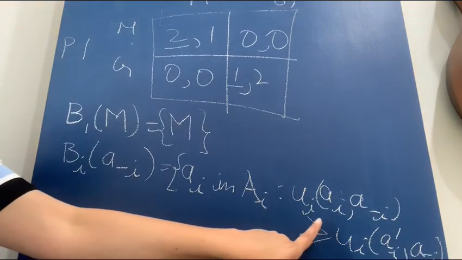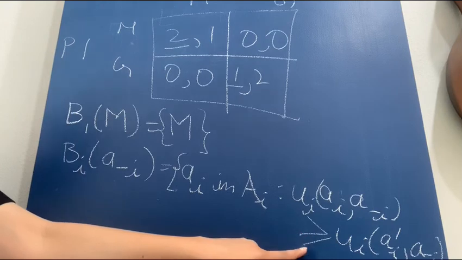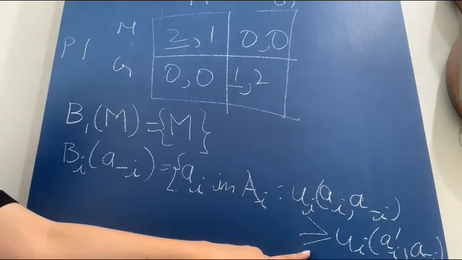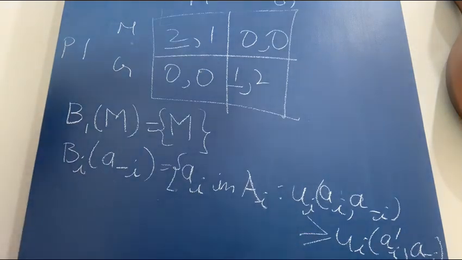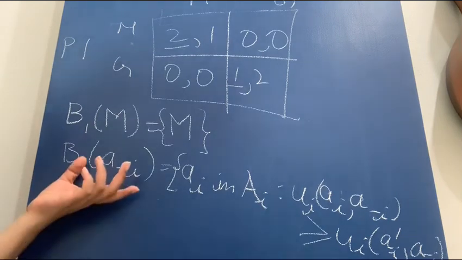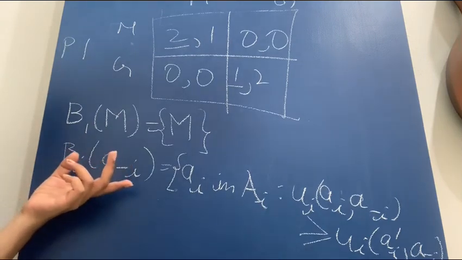So in that case, this greater than is not valid, it's equal to. Therefore we are using greater than or equal to. So it's a weak inequality that we are using here.